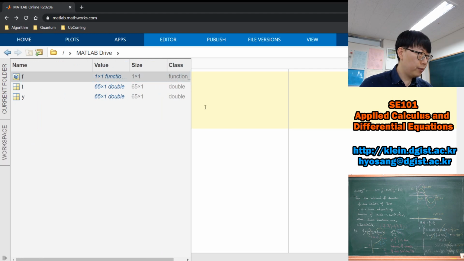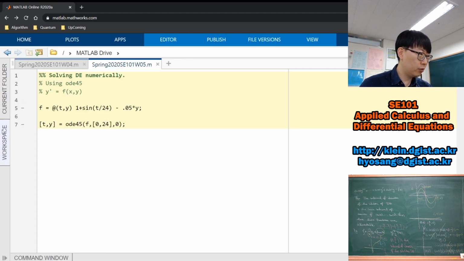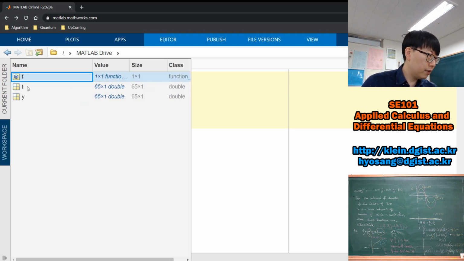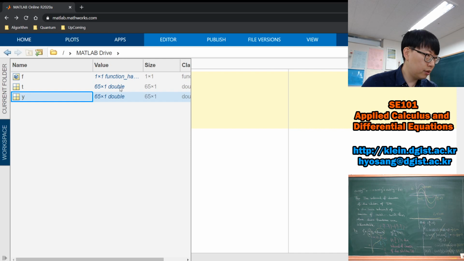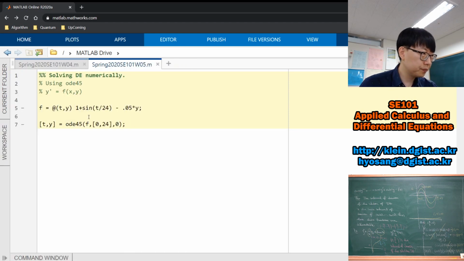And in the workspace, if you're looking at the workspace after running this command, you have a variable t defined as 65 times 1 double. So basically it's a vector of 65 elements and y has the same size array.